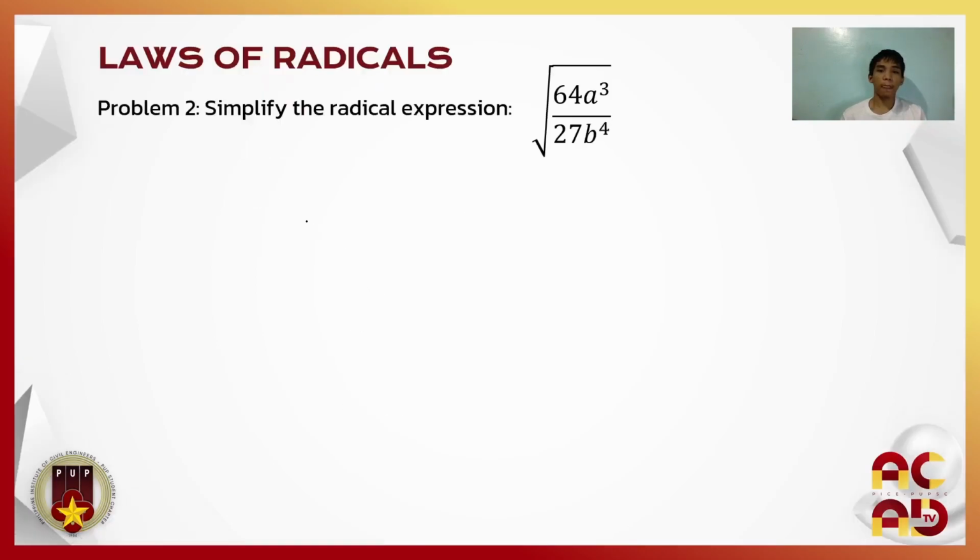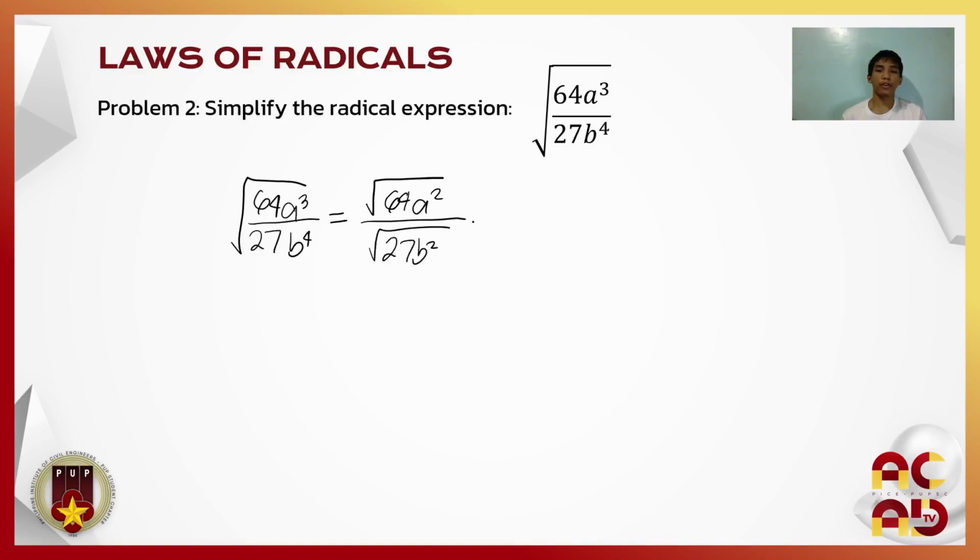Next, the square root of 64a cubed all over 27b raised to 4. In this case, we first separate the numerator and the denominator: the square root of 64a cubed all over the square root of 27b raised to 4.